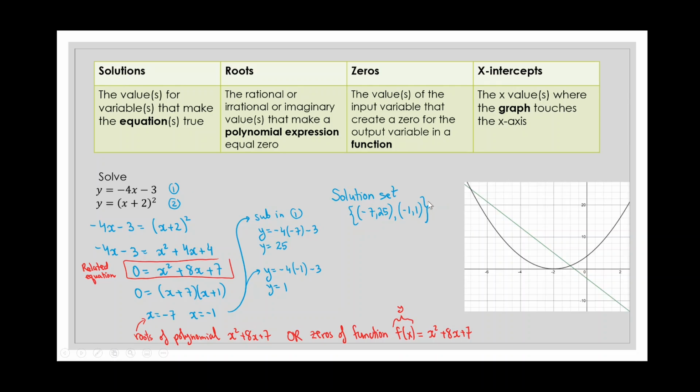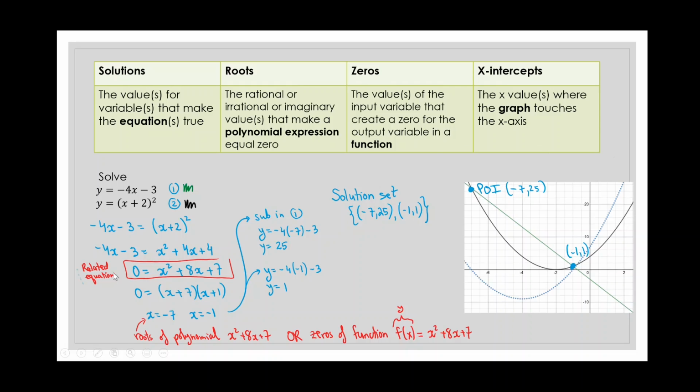If we were to graph, so the green is this line right here, and the black is the parabola, then the points of intersection would be the solution set right here, so -7 and 25, and -1 with 1. So those are points of intersection. How do they relate to x-intercepts?